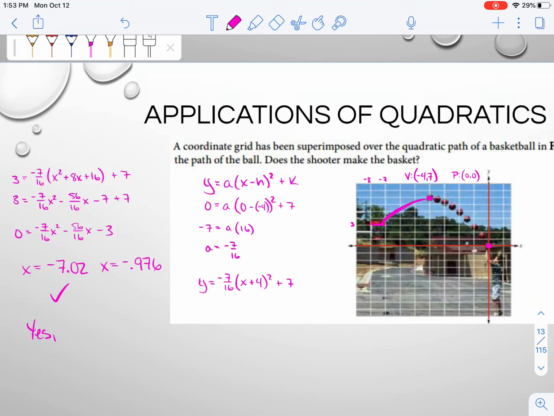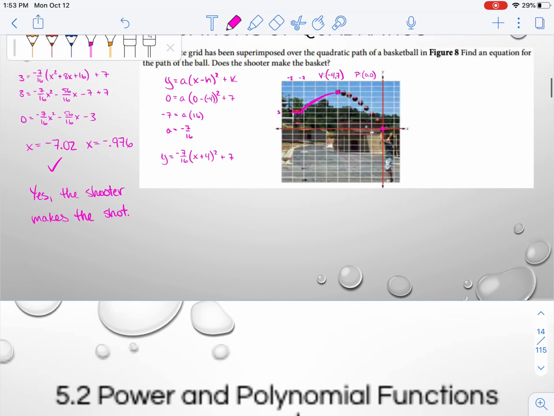So yes, the shooter makes the shot. Maybe it bounces off the rim and bricks out, or maybe it bounces off the rim, hits the backboard, and goes in. But we're going to simplify it and say that it fell within that range of values and that the shot is good.